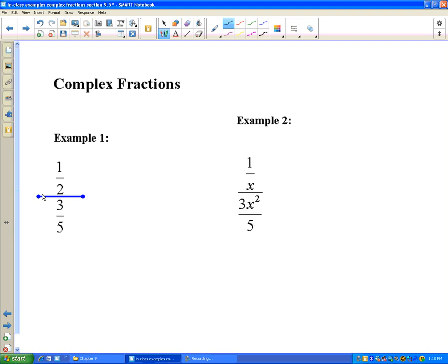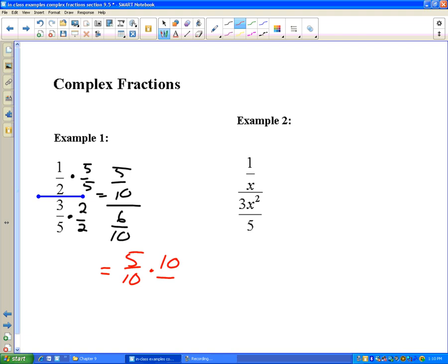If we go ahead and get a common denominator, and I'll explain why in a little bit, I multiply this by 5/5 and this by 2/2, and I get 5/10 divided by 6/10. And when I do my multiplication, I get 5/10 times 10/6.